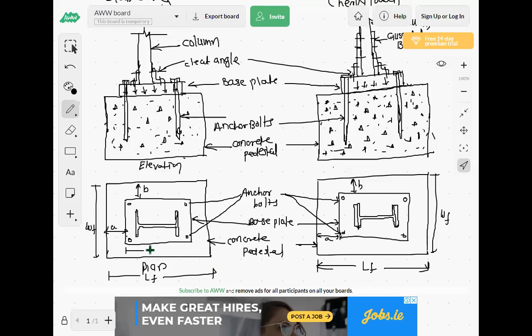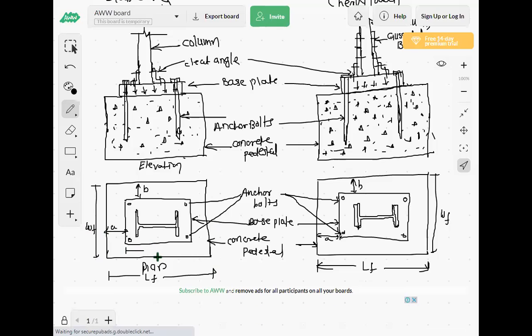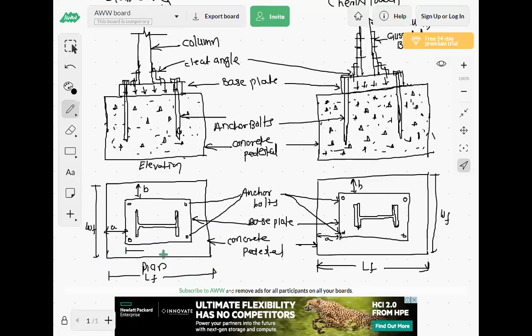Again this is the length of plate and this is the width of plate.